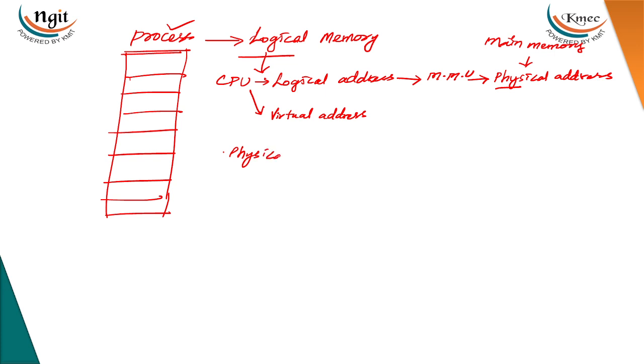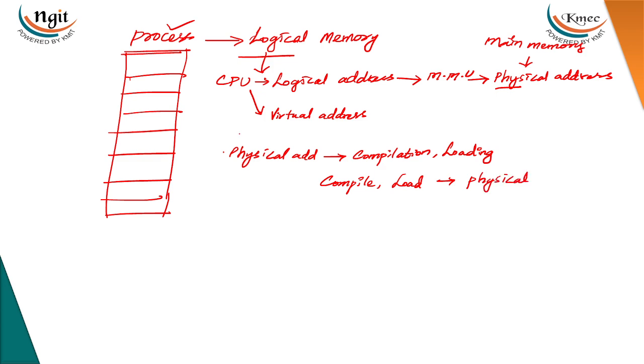When you generate physical addresses at the time of program compilation, or at the time the program is loaded into memory, that is at compile time and at load time, these addresses will be called logical addresses.